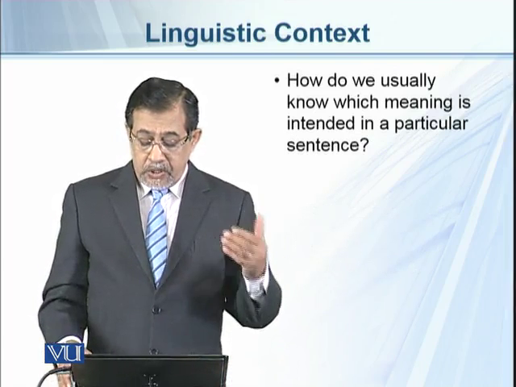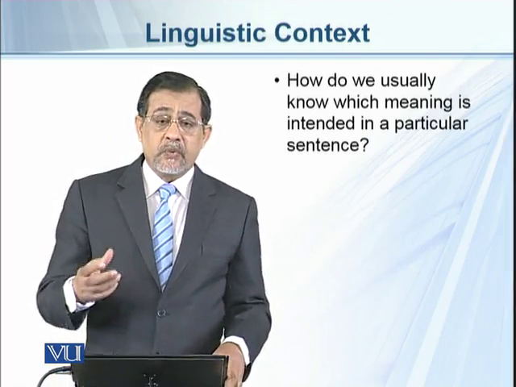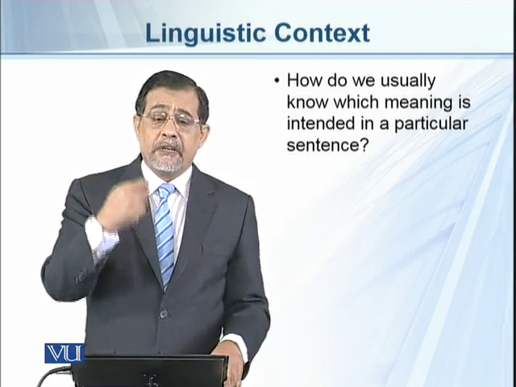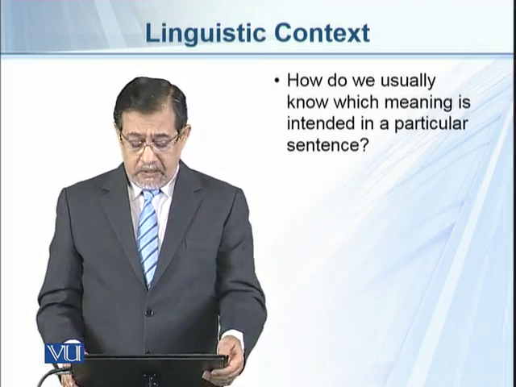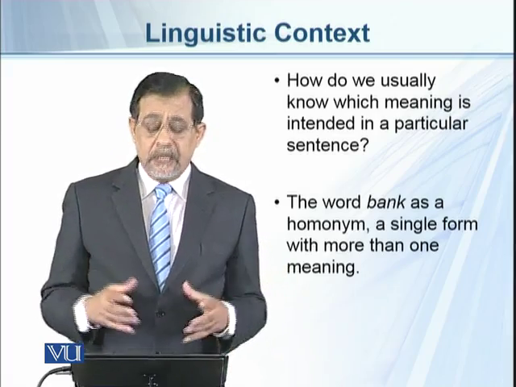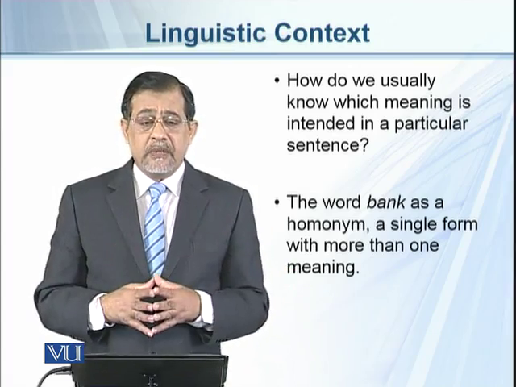How do we usually know which meaning is intended in a particular sentence? This is again the question. We know it through the surrounding linguistic references that help us in understanding the meaning of a certain word. For example, the word bank. It's a homonym. Bank can be used in different meanings.